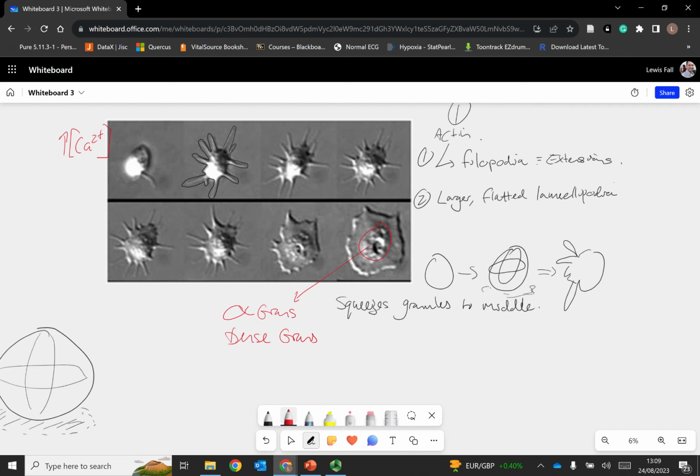What's in those? Everything that we possibly need, okay, to cause a clot to happen.